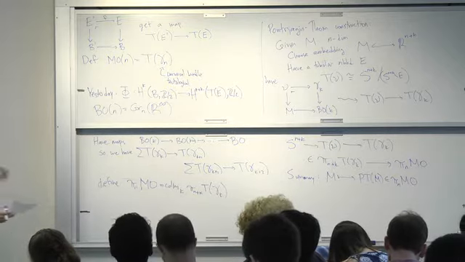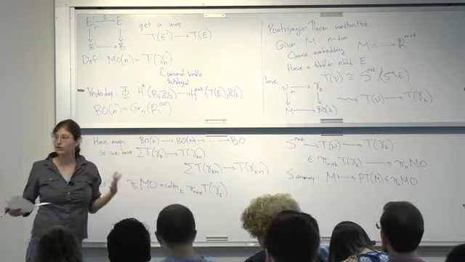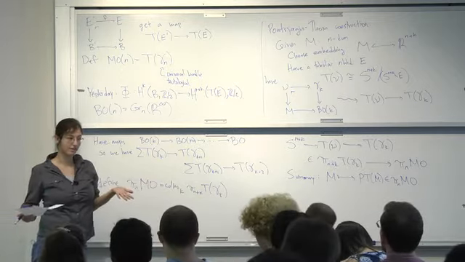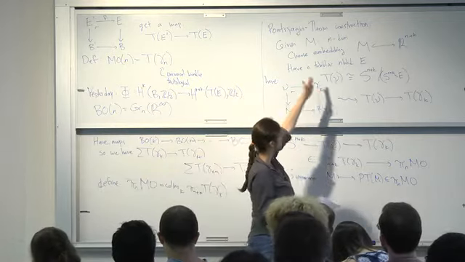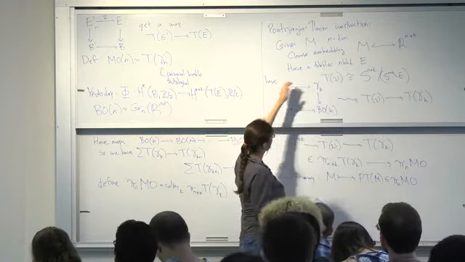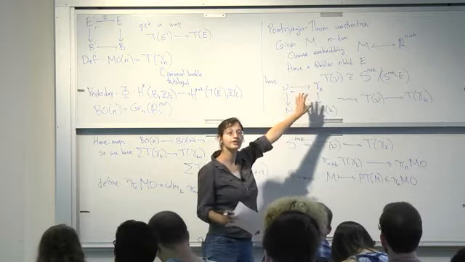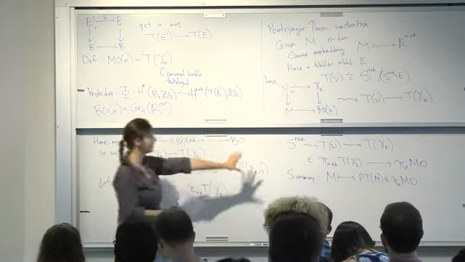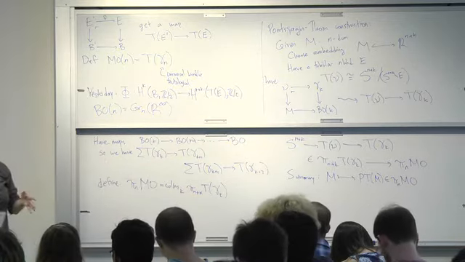Where did we actually need that we were unoriented? Where were we actually using anything? Well, I said I have an embedding, and then a tubular neighborhood, and then that the normal bundle is just a K bundle, and so has this map. Everything else that I did was just following everything else through and pushing it through.